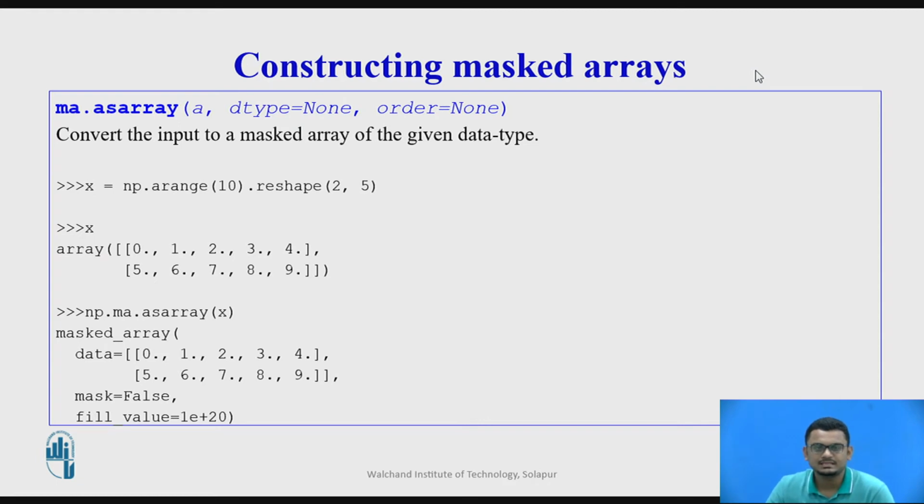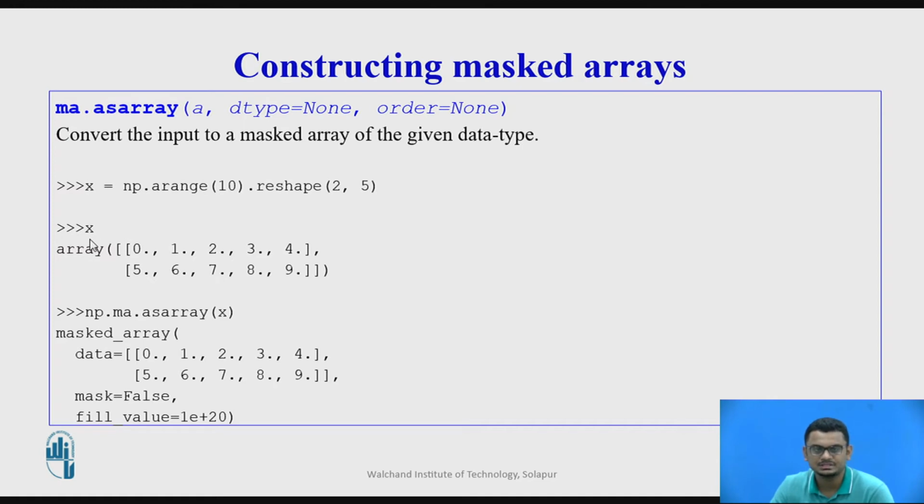Now let us look at some examples of how to work with the routines of masked arrays. We have the asarray function, which helps us convert the input to a masked array of the given data type. Say, for example, you have an array x and you want to convert it to a masked array.